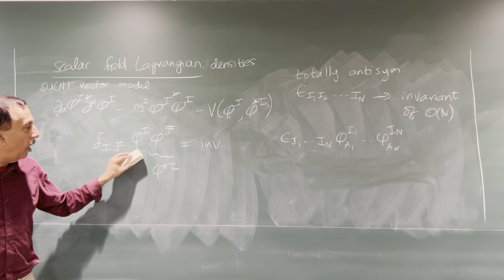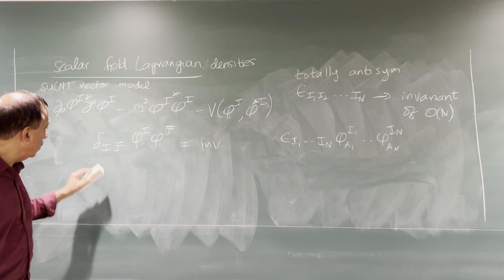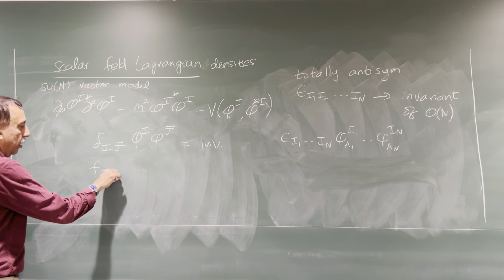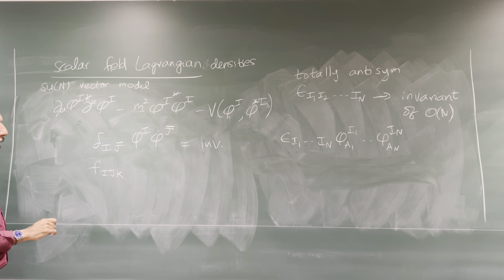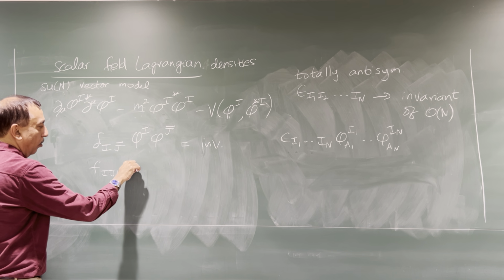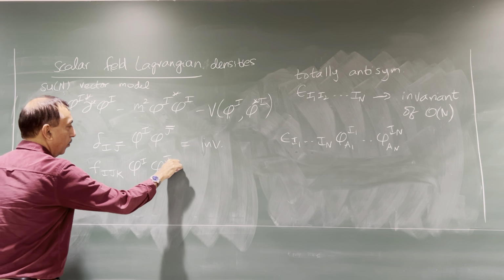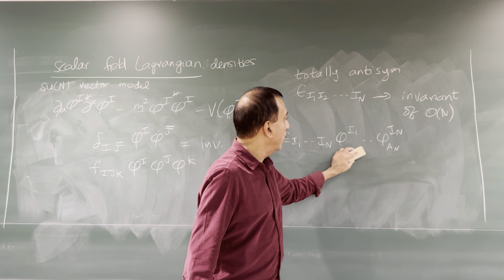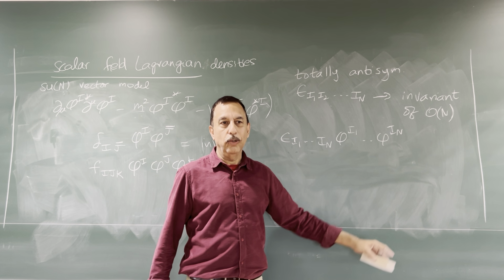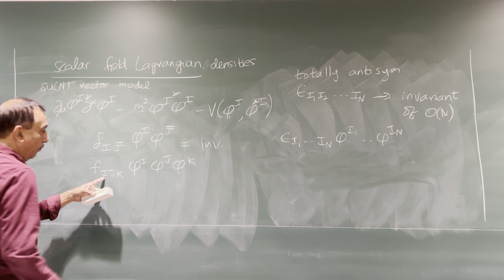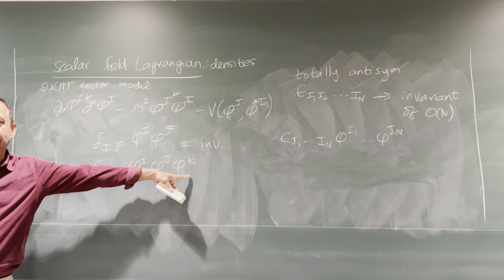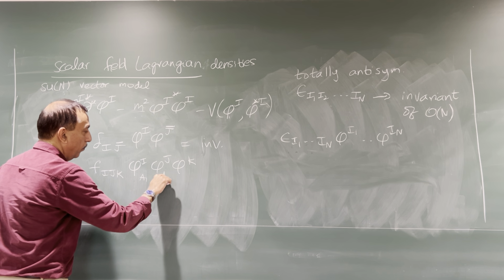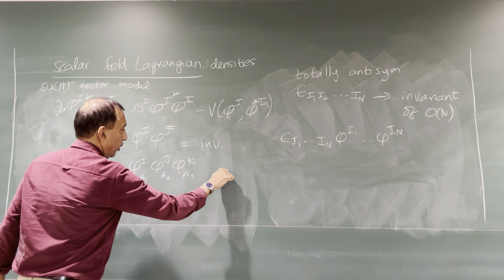Okay, so there's delta ij bar, that's an invariant, but there's another invariant which is f I j k, and with f I can make an antisymmetric combination phi I, phi j, phi k, and it has the same problem as this one, namely if I don't have species, then I get 0. Fijk is the structure constant, totally antisymmetric. If I don't have species, I get 0. But if I have some species, then I can get an invariant.